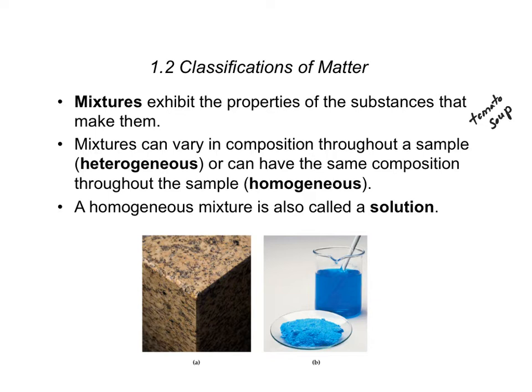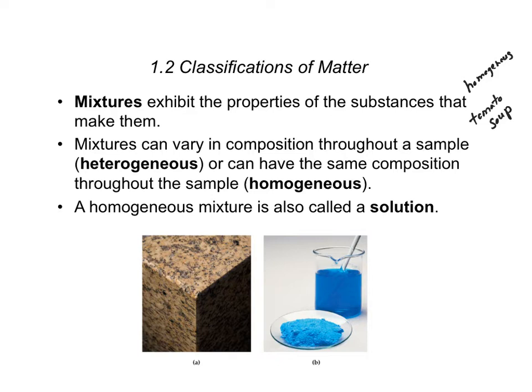Number two, if you take a little bit of tomato soup off the top and you take a little bit off the bottom, is it different? It shouldn't be, right? The whole idea behind a homogeneous mixture is that it is not variable throughout. If you take a little bit here, here, and here, they're all going to be the exact same components.